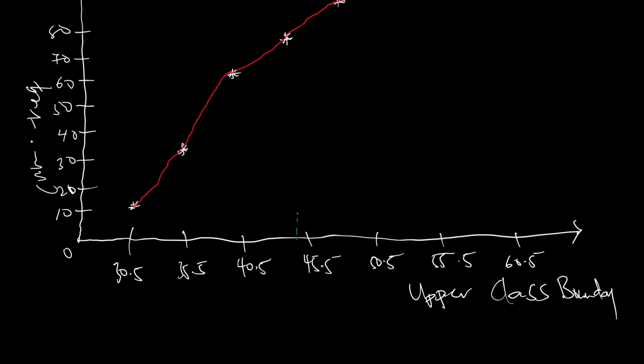So we draw a straight line with the help of a ruler to touch our curve. When it touches our curve, you have a cumulative frequency of 78.